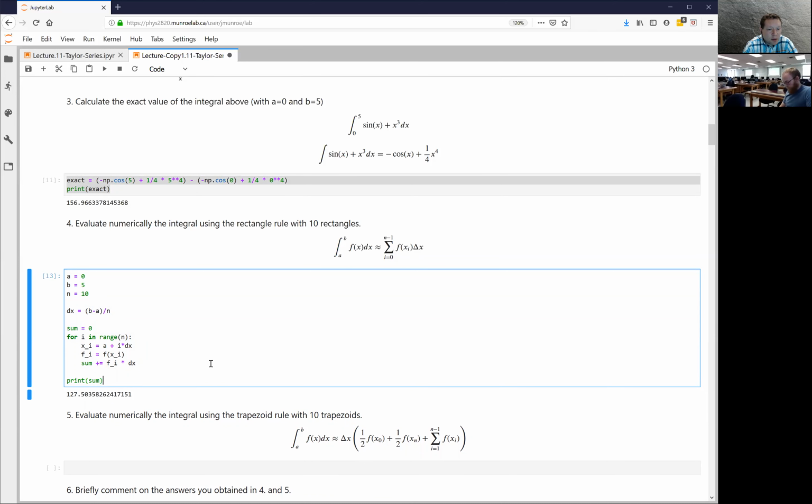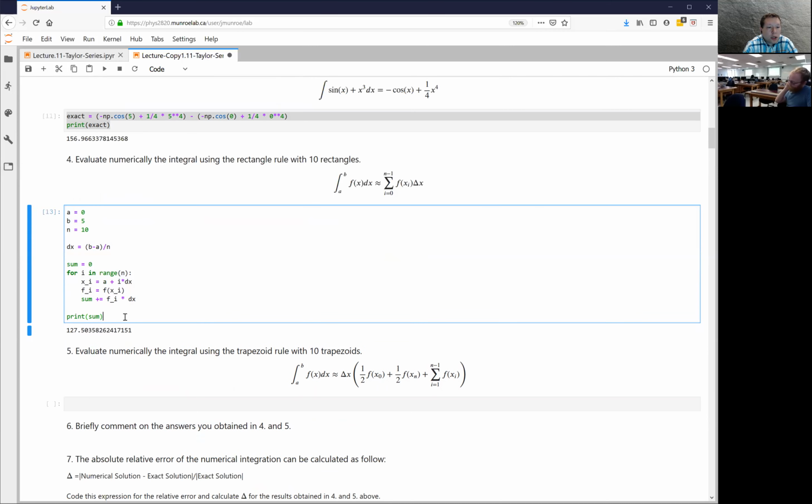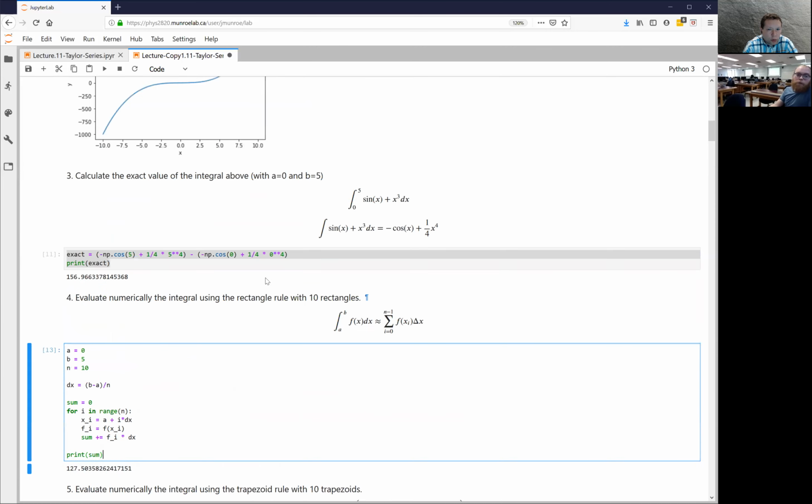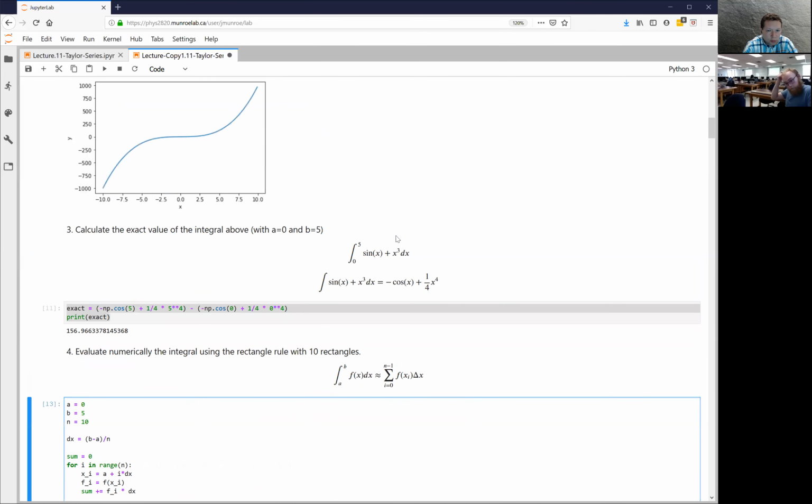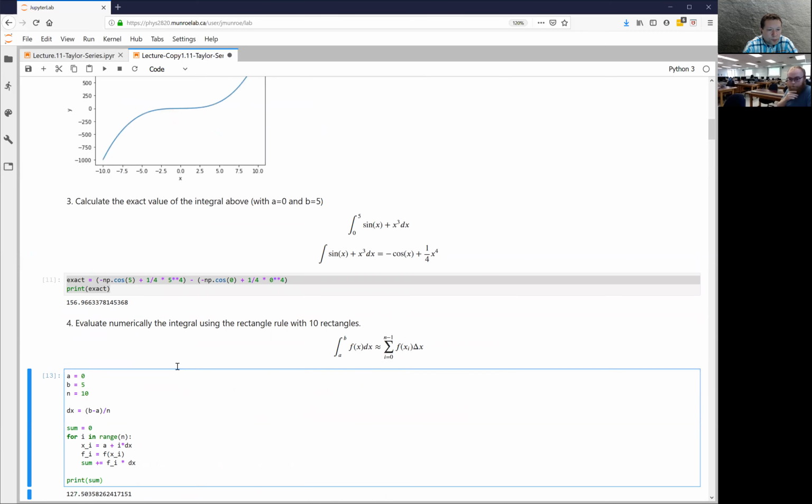Now let's do this again by writing a piece of code, and I'm going to get you to do this. Can you write a piece of code that evaluates the integral, that is this thing right here, using the trapezoid rule?